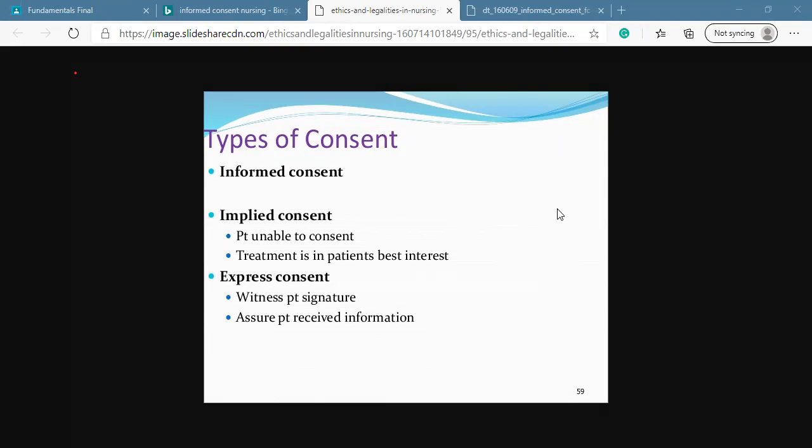Now the question comes, what is the RN's role, or your responsibilities? We make sure the provider gave the patient all of the information and ensure the patient is competent to give informed consent. That is, the patient is an adult, or they are an emancipated minor, right?